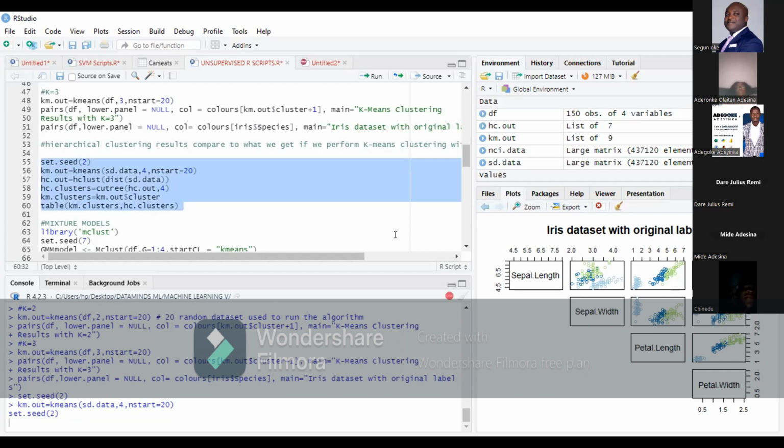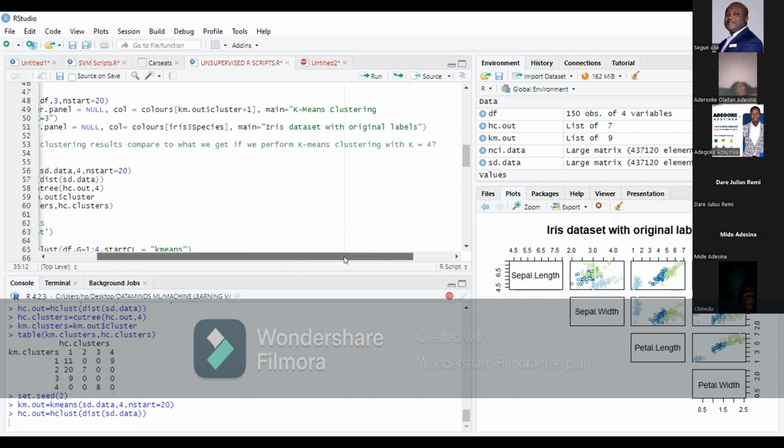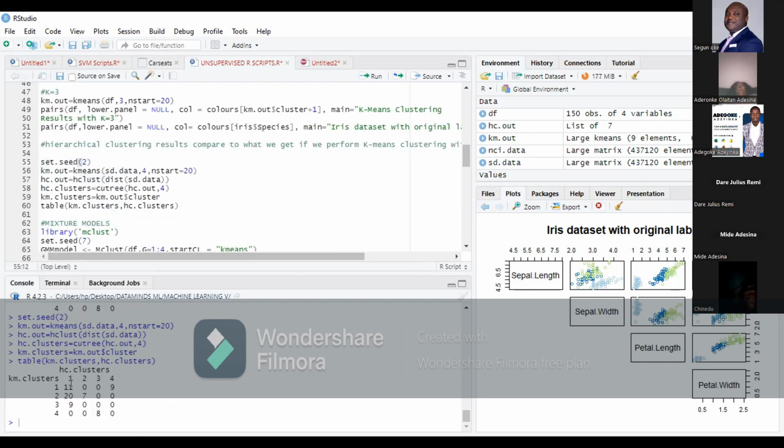I'm running that already. Okay, so now looking at this particular table, we can see that we have 4 different clusters.